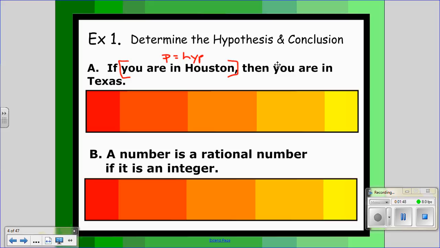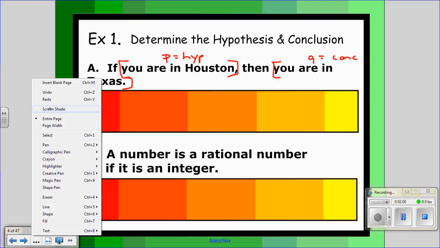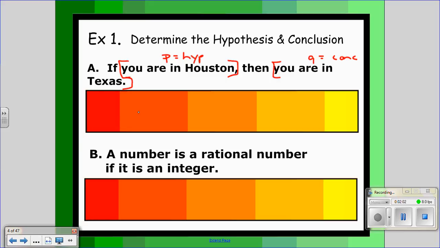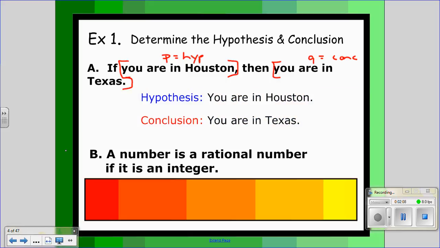The conclusion is everything that follows the word then. So I would put a bracket around it. And again, it's Q. So the hypothesis is you are in Houston, and the conclusion is you are in Texas. So with that, you should be able to answer question B.